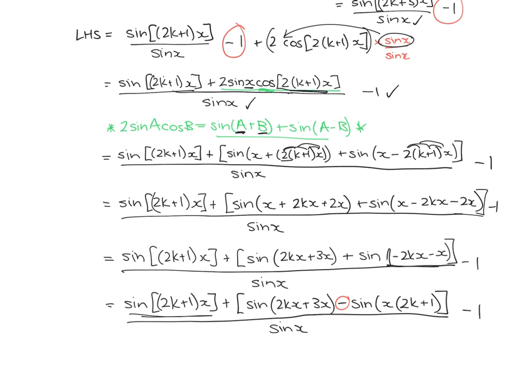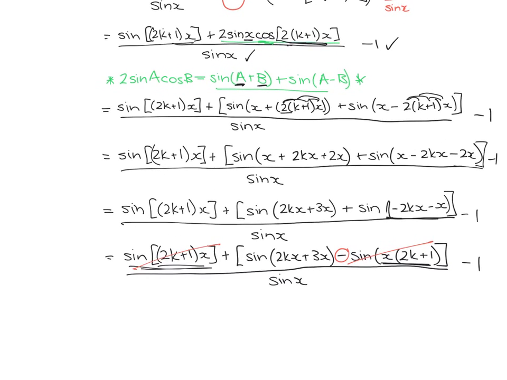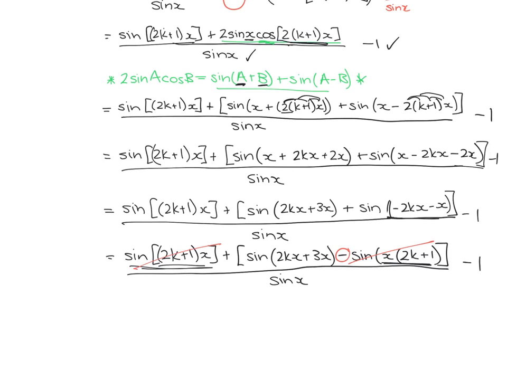Now as you can see, these are written slightly differently. You've got the x at the front here, x at the back, but they're exactly the same. So you've got sine (2k plus 1)x minus that, they will cancel. Now I think we're getting closer. So now we're left with sine (2kx plus 3x) all over sine x, which is nice.